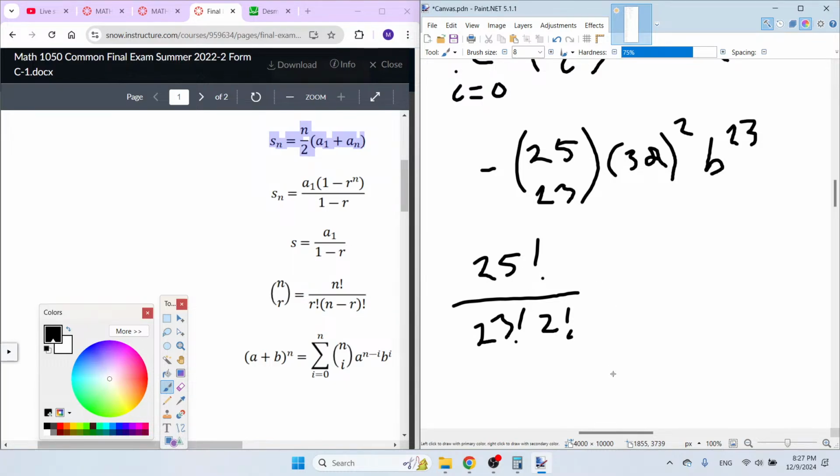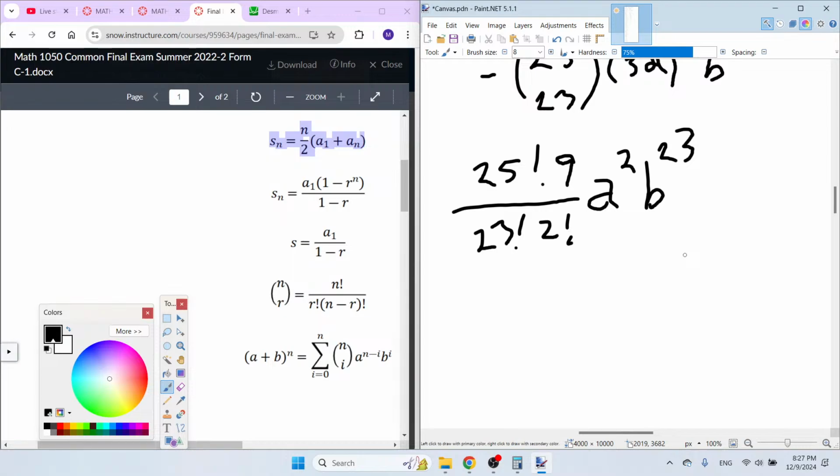3 squared is 9, so I'm just going to put a 9 right there. Then I get a squared, a squared b to the 23rd. And then this problem requires us to get rid of the factorials.